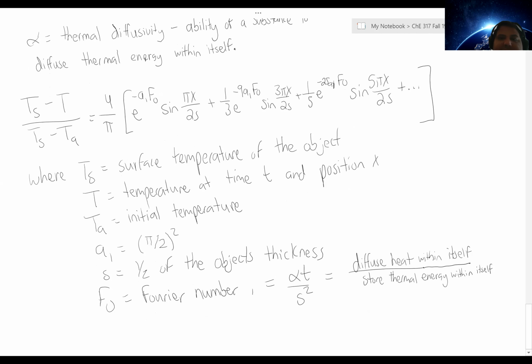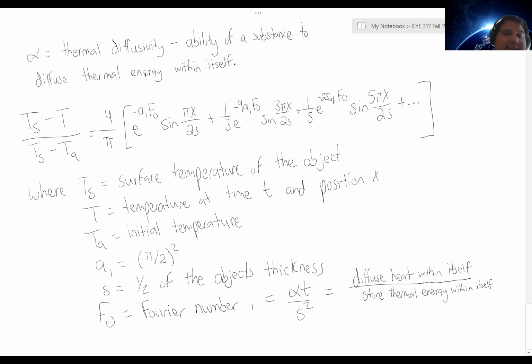So if we know time, we can identify Fourier number, and with that and some temperatures, we can solve for T, or essentially the temperature at time T, and vice versa. If we have the temperature at time T, as well as the position, we can solve for the actual time by trying to back out the Fourier number within this expression.